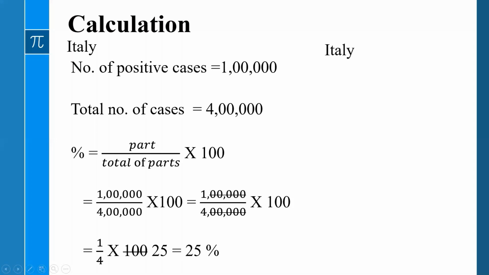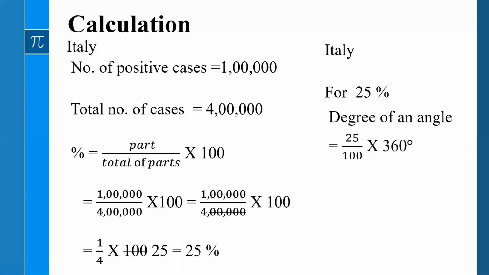Now this 25% we are going to convert into degree of an angle, which is equal to 25 upon 100 multiplied by 360. Here 25 is in form of percentage. So in order to remove this percentage sign, we'll write 25 upon 100, which means 25 out of 100.